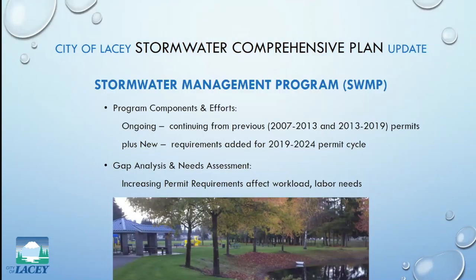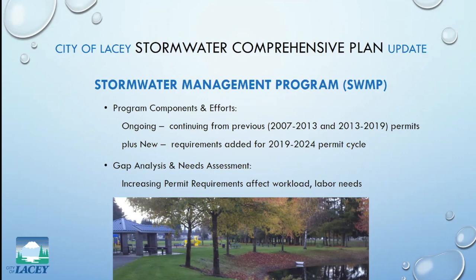So the Stormwater Management Program, or SWMP, has components and efforts that are both ongoing and new. So the ongoing efforts have been going on from the previous permit cycles. So since 2007, we've had these ongoing efforts which continue. But now for 2019 through 2024, there's been new requirements added, and we'll get into more detail on that in a moment.